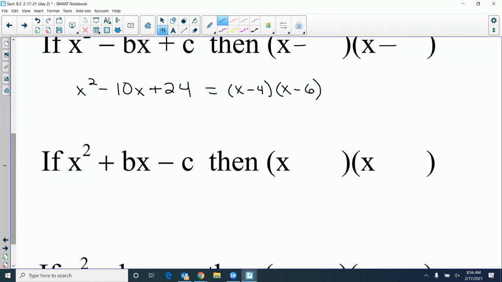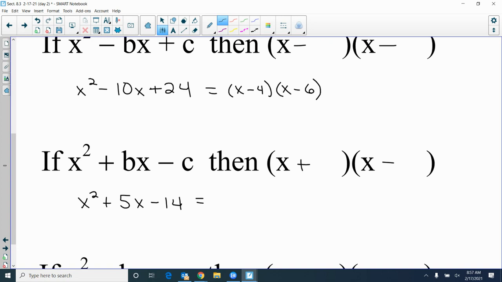Okay, find this next case. If x squared plus bx minus, if you got a plus and a minus, then what must be your signs? One positive and one negative. Okay? Let's take a look at an example. What if I have x squared plus 5x minus 14?